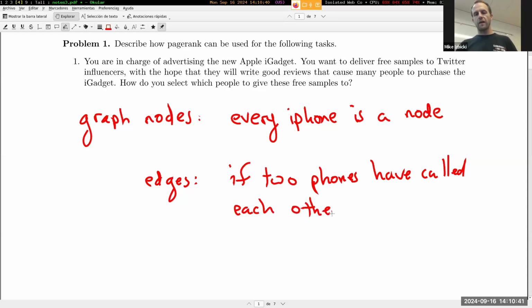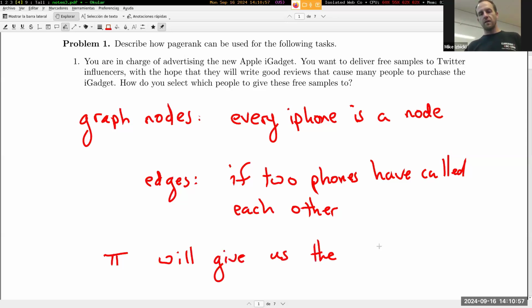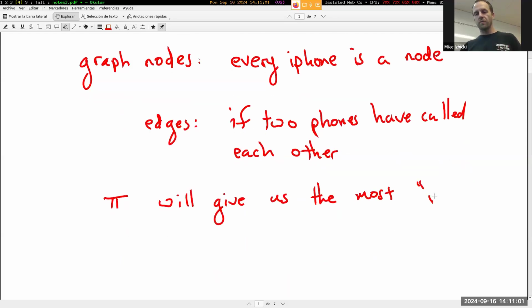So this is different than the web example in the paper, but this is a graph, it has nodes and edges, so we can run PageRank on it, and the PageRank vector, now pi, will give us somehow the most influential iPhone users.